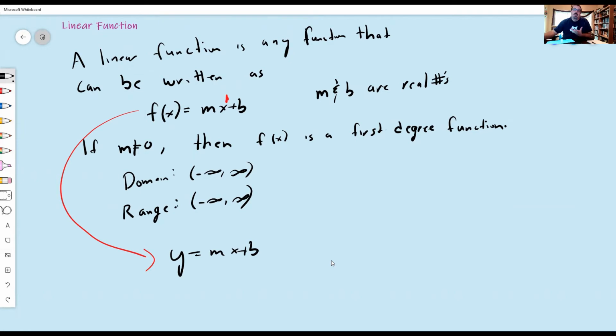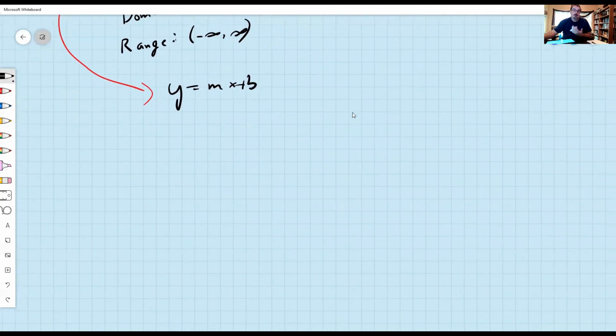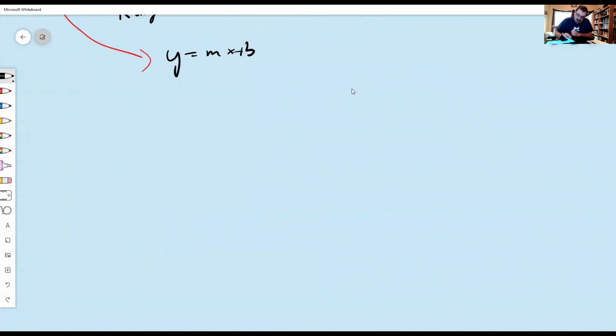So what does a graph of a linear function look like? Well, y equals mx plus b, or f of x equals mx plus b, so it's basically just going to be a line. So let's graph f of x equals minus 2/3 x plus 4.